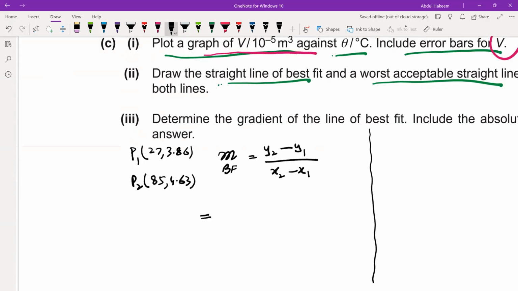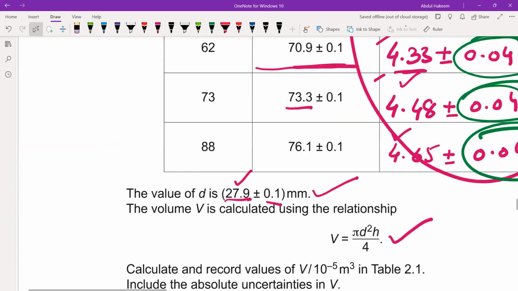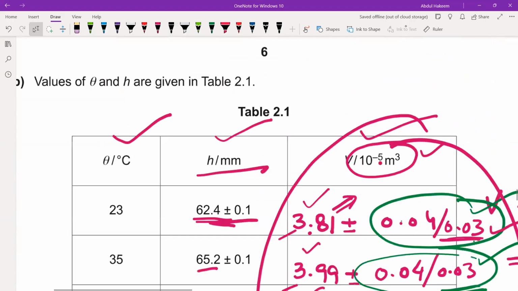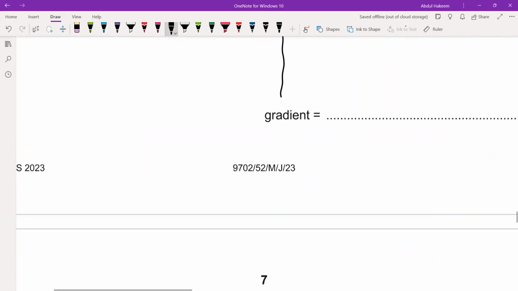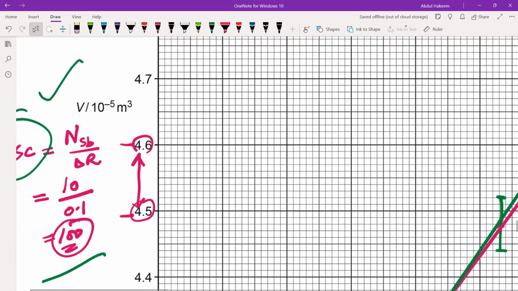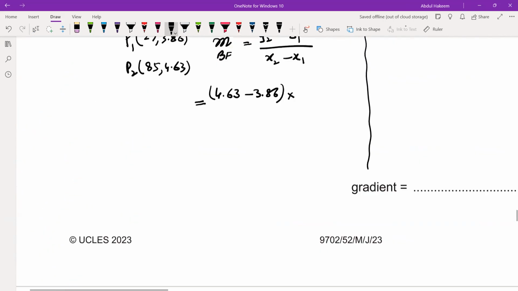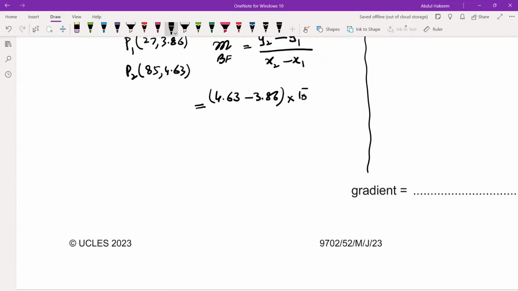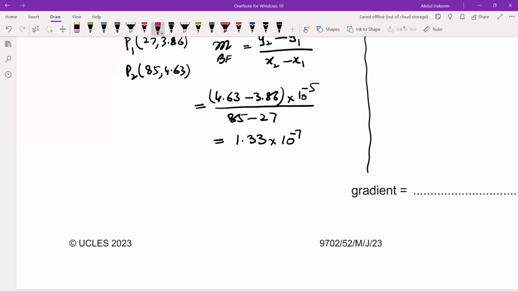So y2, 4.63 minus 3.86, times, look at the y-axis value, its exponent is 10 power minus 5. You can also see it on the graph, 10 power minus 5. Don't miss this prefix. So 10 power minus 5 divided by 85 minus 27. Now use the calculator for the final answer. Okay, after calculation using the calculator, this is the answer for the gradient.